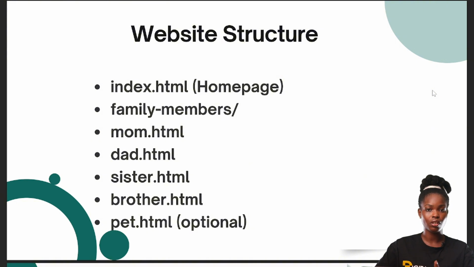Now you can also talk about your sister.html, your brother.html, your pets if you want to, pets.html, and even your aunt Teresa.html. Anything you want to do with that, you can do that, absolutely.